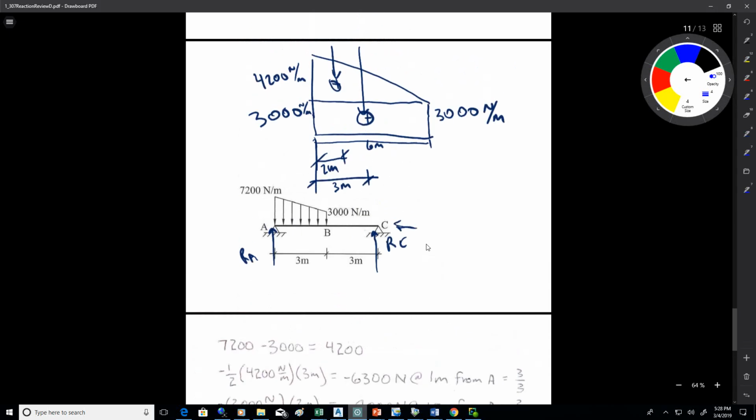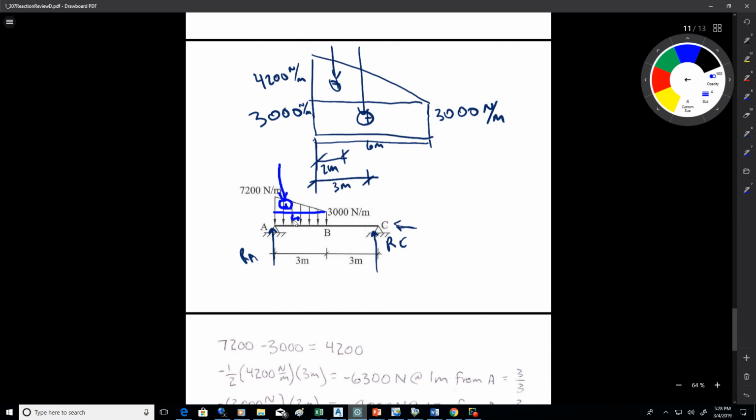All right, the last one here, I've got a trapezoid, and the centroid for that is fairly difficult to find. So what I'm going to do is break it up into a triangle and a rectangle, each of which will have its own area and its own centroid. So I'll find the area of the triangle and apply that at the centroid of the triangle.